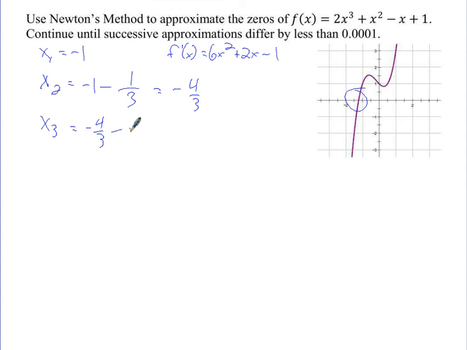Now, is it a positive 64/27 or a negative 64/27? A negative 64/27. But then it's times 2. Times positive 2. So we have negative 128 27ths. Then what? It will be plus. This is going to be a positive. We can split it up in 16 ninths.